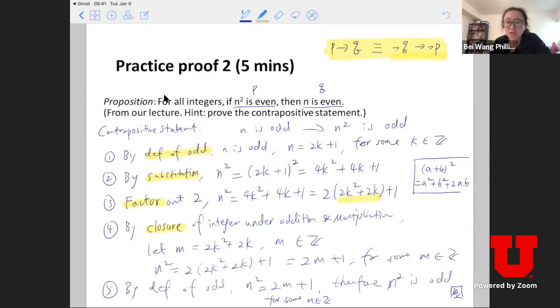Okay. Integer is closed under addition, multiplication, and subtraction, but not closed under division. That is, if you take two integers divided from one to another, say a divided by b, it's not guaranteed to be integer.